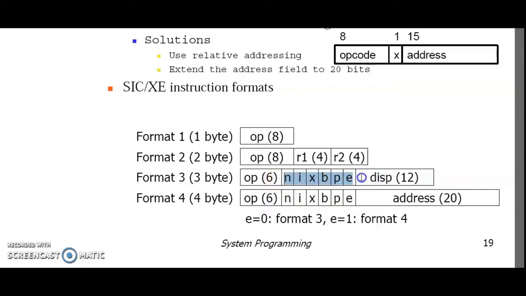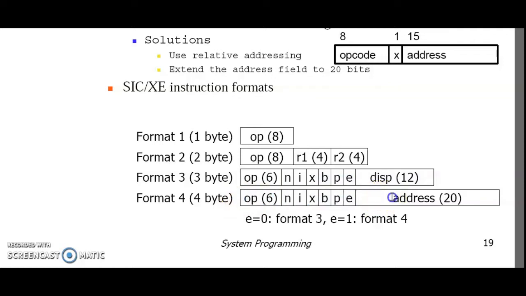The bits NIXBPE help in identifying the addressing mode so that the target address can be calculated in a proper way. The 4 byte instruction has an opcode field and the NIXBPE bits.